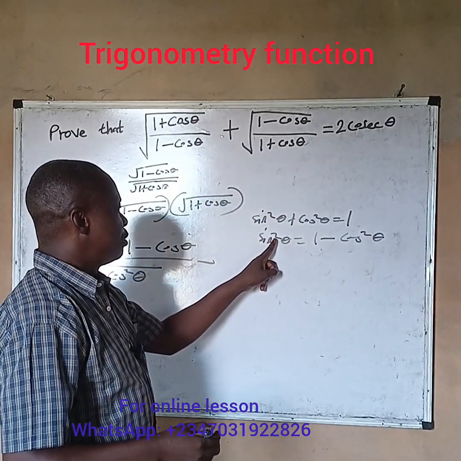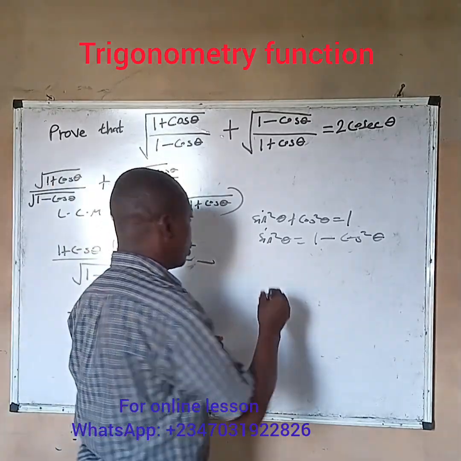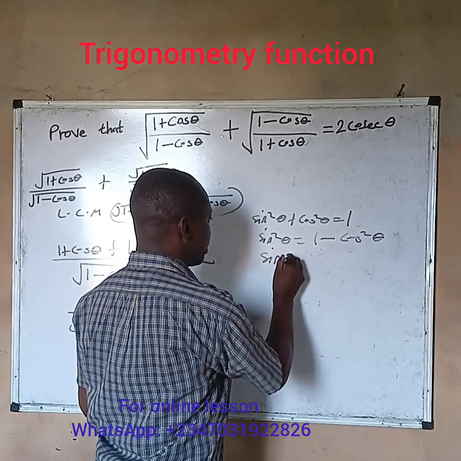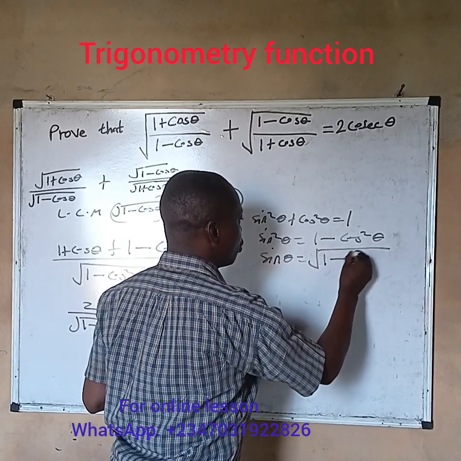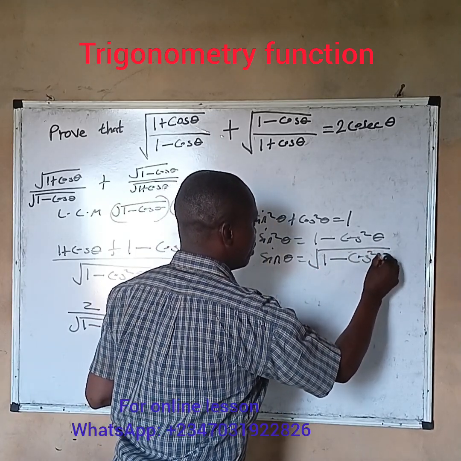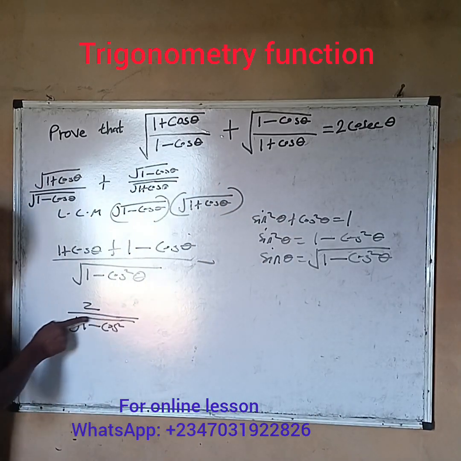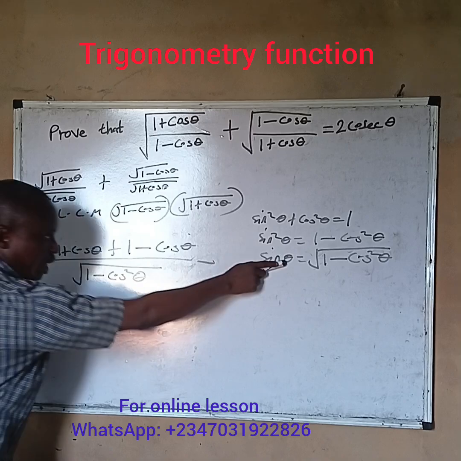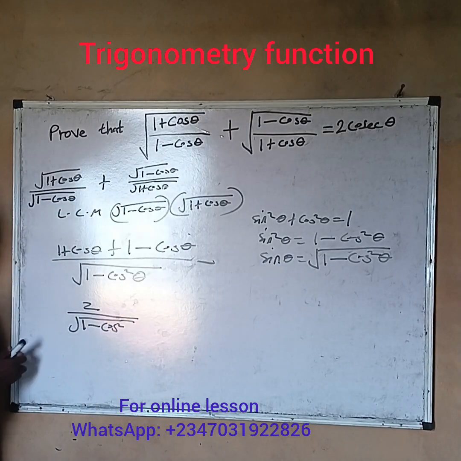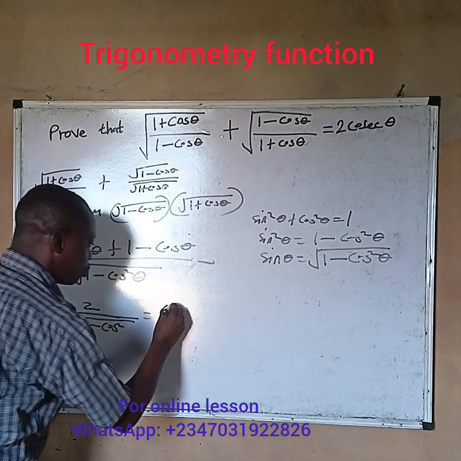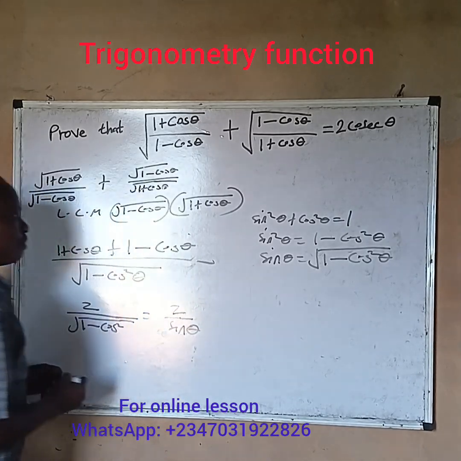Now, if I remove this square from here, I'm going to square root this side. So I will now have sine theta is equal to the square root of 1 minus cos squared theta. Now, what I have here, I can easily put sine theta because sine theta is equal to this. So this will now give me 2 over sine theta.